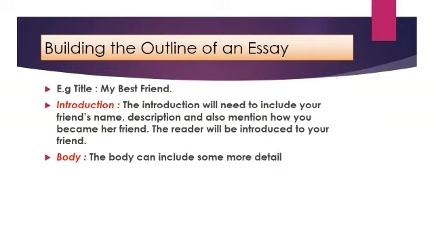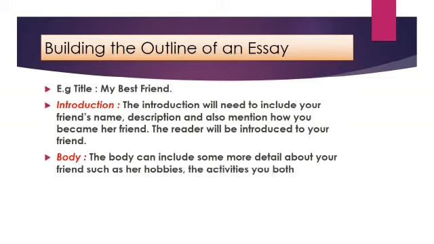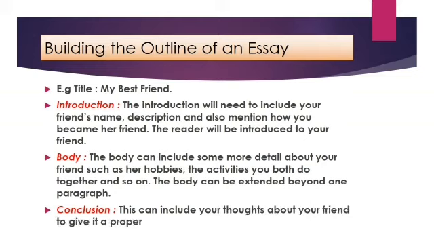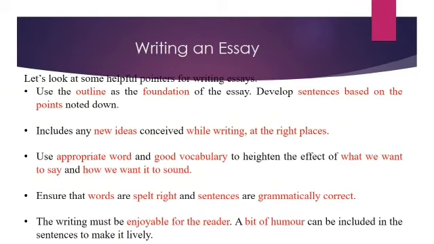The reader will be introduced to your friend. Body. The body can include some more detail about your friend, such as her hobbies, activities you both do together, and so on. The body can be extended beyond one paragraph. Conclusion. This can include your thoughts about your friend to give it a proper ending.